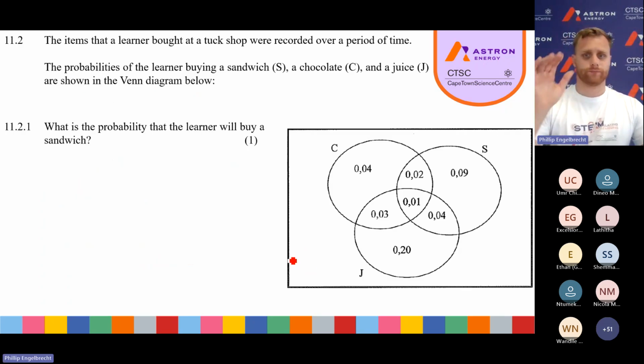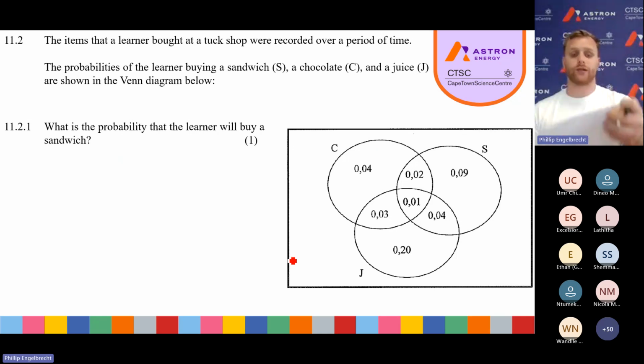Anyways, moving on. So question 11.2 states, the item that a learner bought at a tuck shop was recorded over a period of time. The probabilities of the learner buying a sandwich S, a chocolate C, and a juice J are shown in the Venn diagram below. What is the probability that a learner will buy a sandwich?